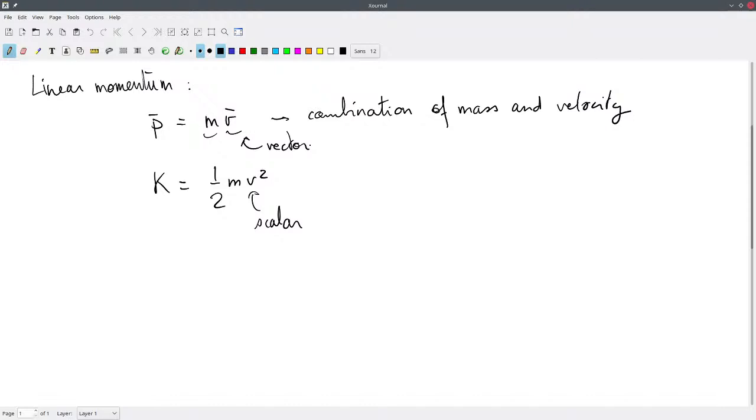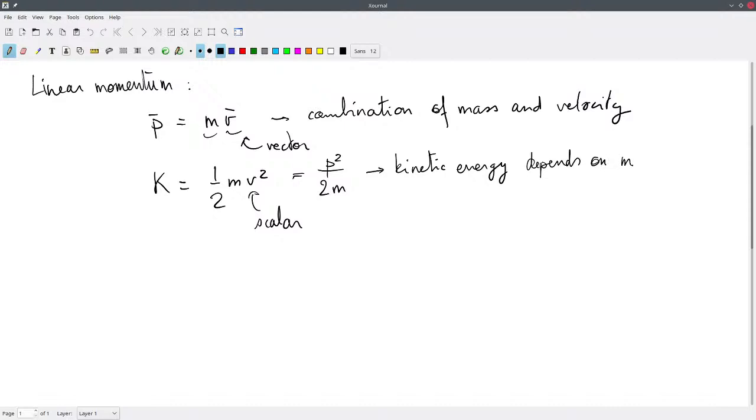The kinetic energy has one factor of m with two factors of v, whereas in the momentum you get one factor of m and one factor of v. If we write the kinetic energy as we've done before, we get the momentum squared over 2m. So the kinetic energy depends on the momentum, but it's a different quantity. It's not a one-to-one correspondence.